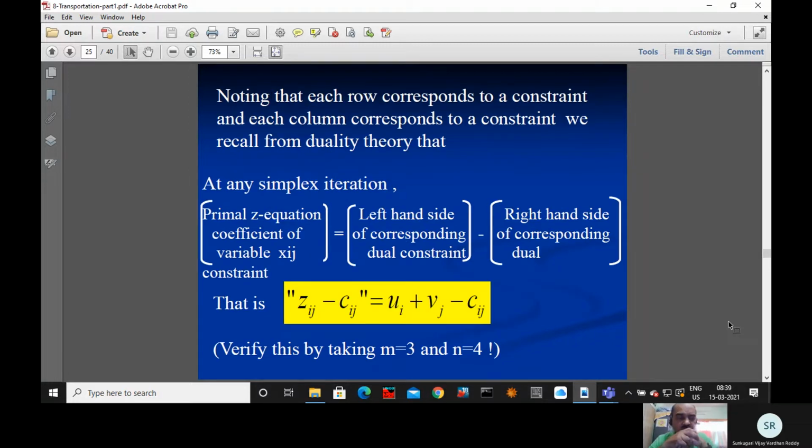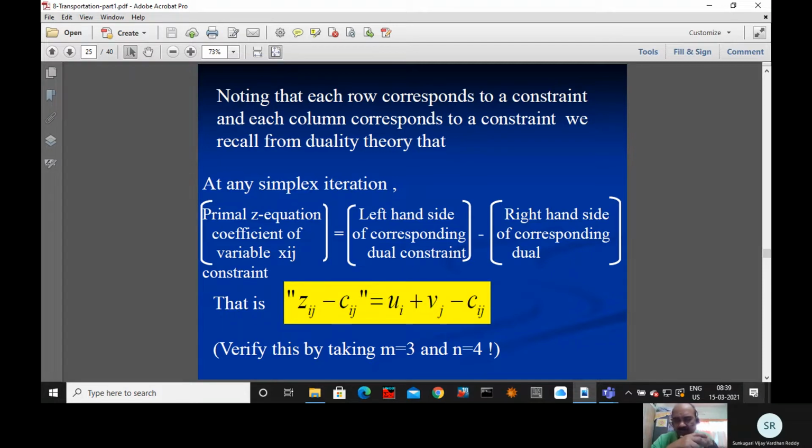So for the transportation problem we have a dual problem. This dual problem has m plus n dual variables. How many dual constraints are there? Altogether m into n dual constraints.